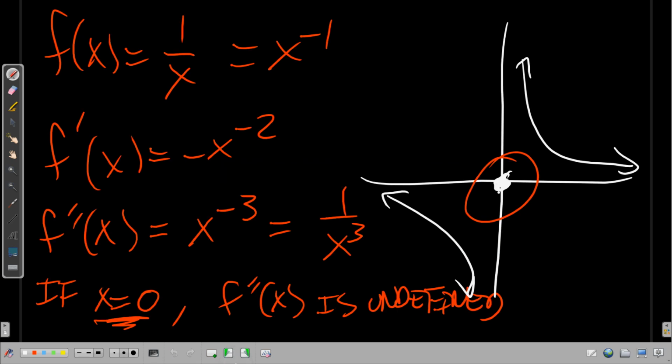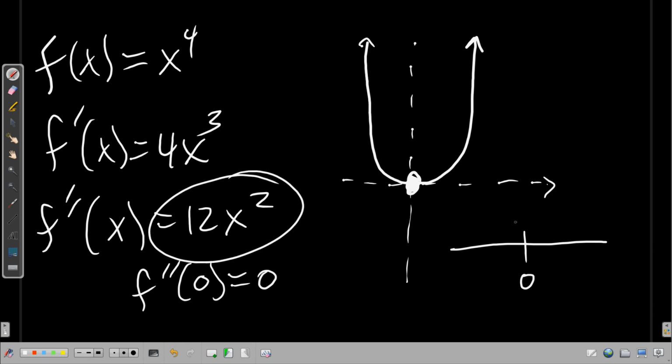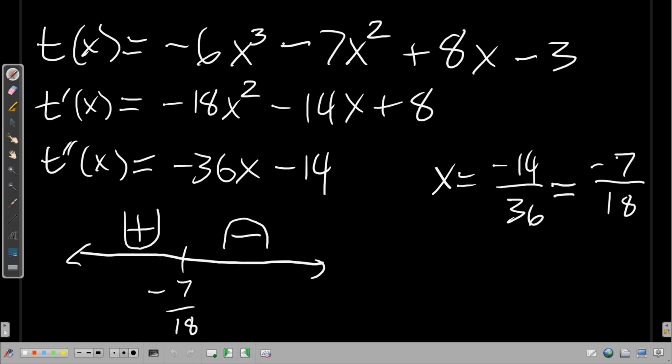All right, and if we had done the same thing on this one, we would have seen that on either side of 0, this function 12x squared is positive on both sides of 0, so it's concave up on both sides. It didn't change inflection.